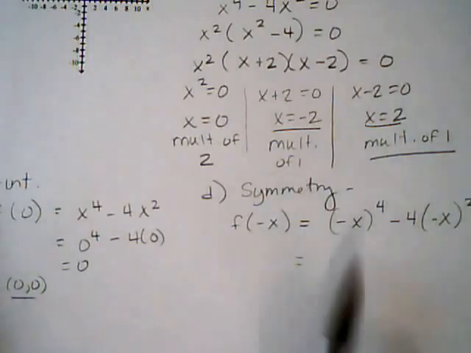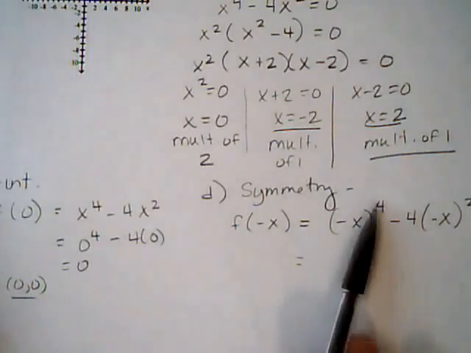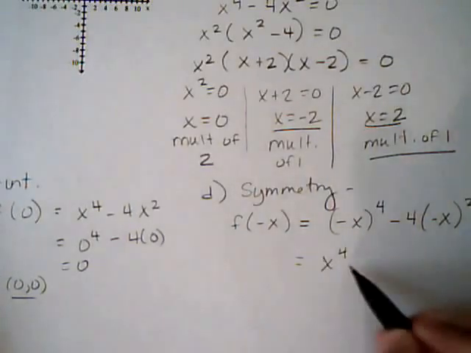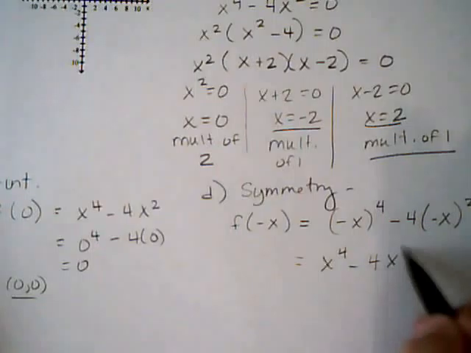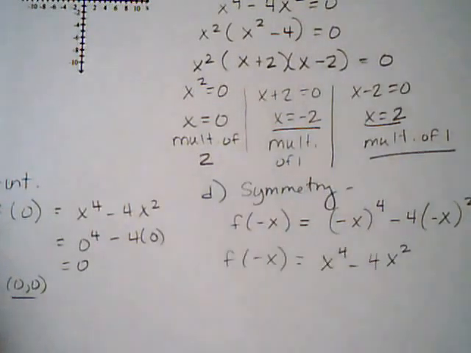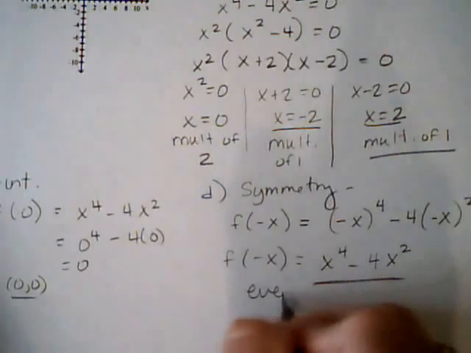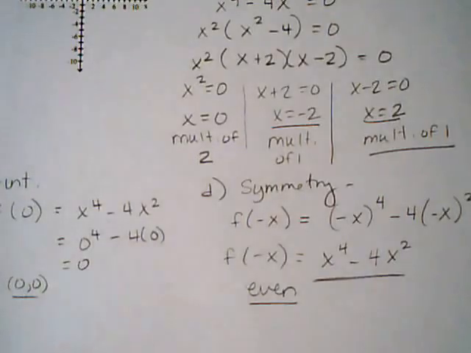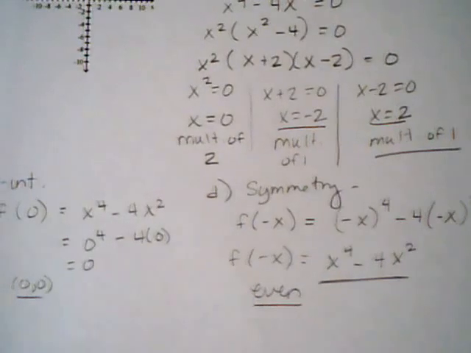And if I simplify, negative x to the 4th would just be x to the 4th, and this would be just minus 4x squared. So f of negative x equals f of x. Okay, so that means that this is an even function, so it will be symmetric about the y-axis. So this is something else that will help you whenever you're graphing.